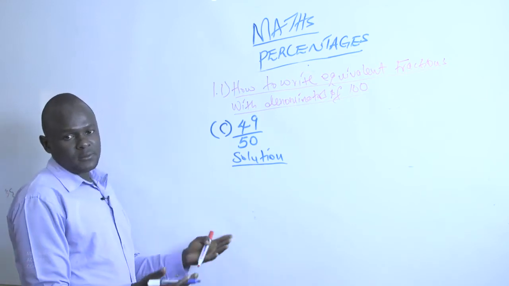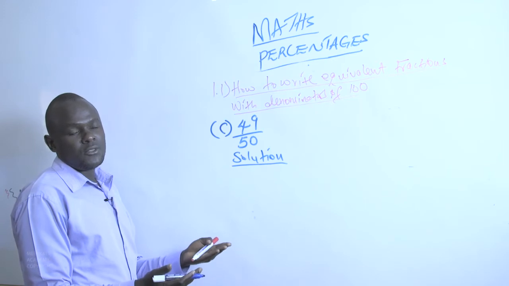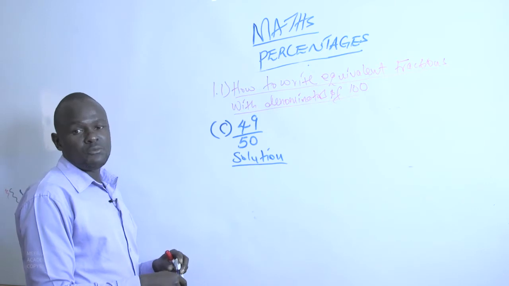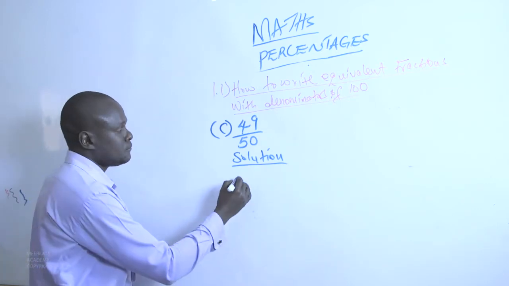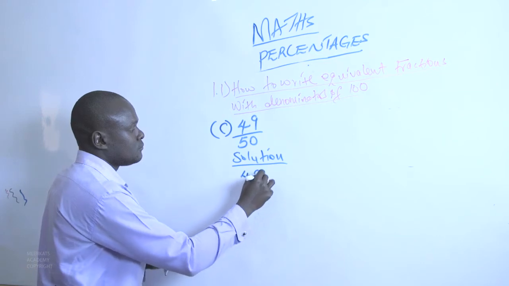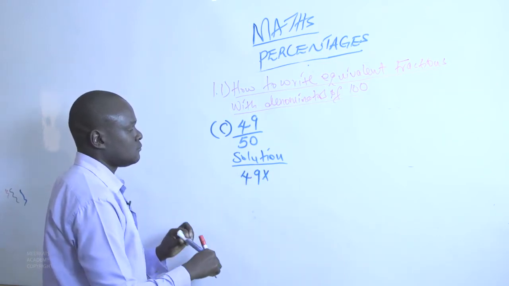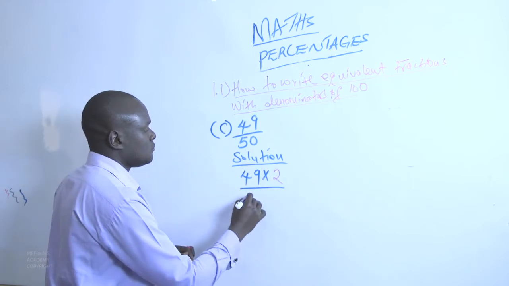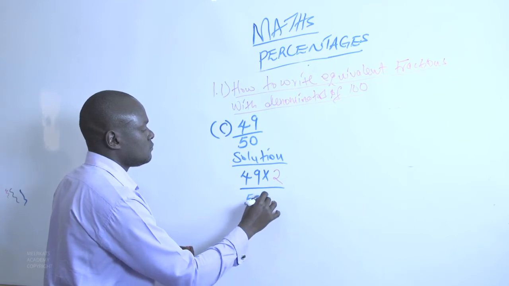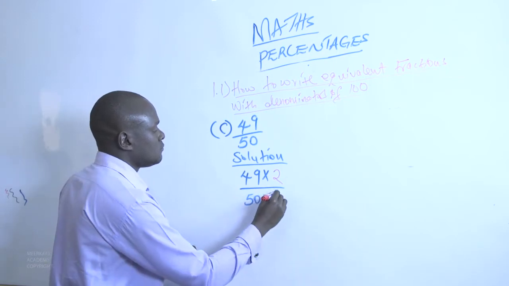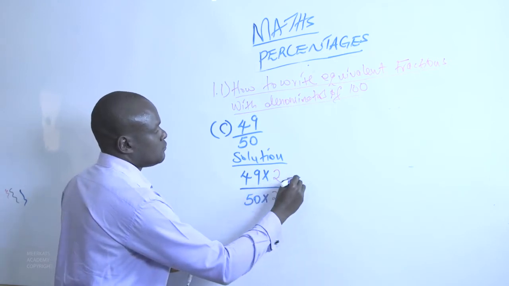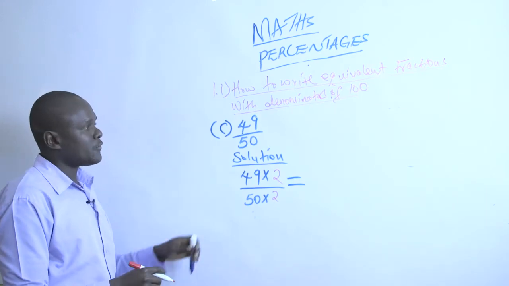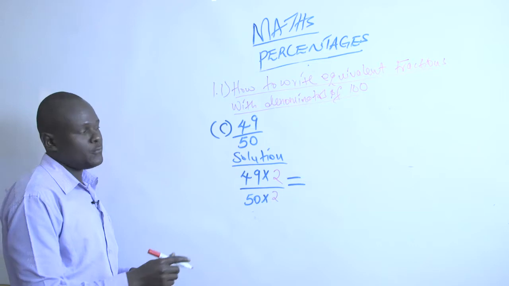So that number will be multiplied by the denominator, and also the same operation should be applied on the numerator. At the end of it, we will have an equivalent fraction to 49 out of 50.